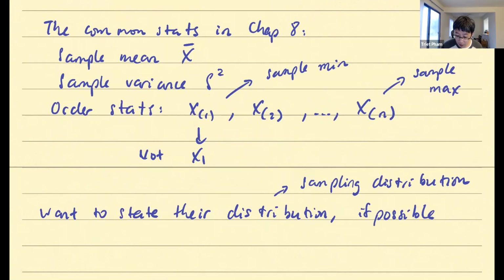The sample statistics, being formed from random variables themselves, are also random. So we want to say something about their distribution. So the distribution of the sample statistics is referred to as the sampling distribution, okay?